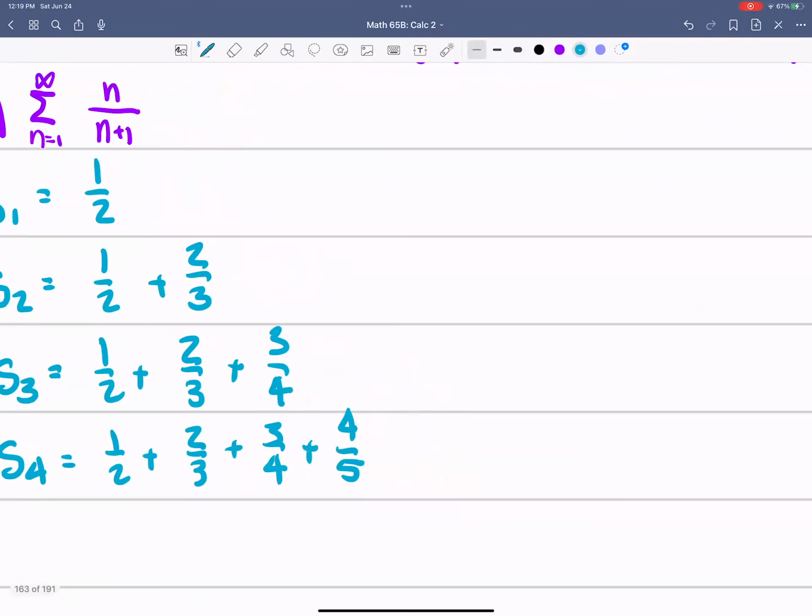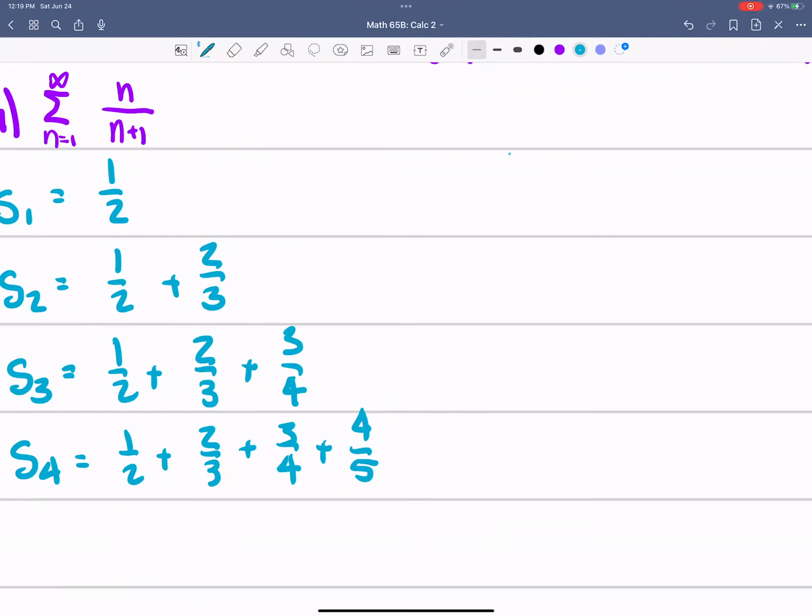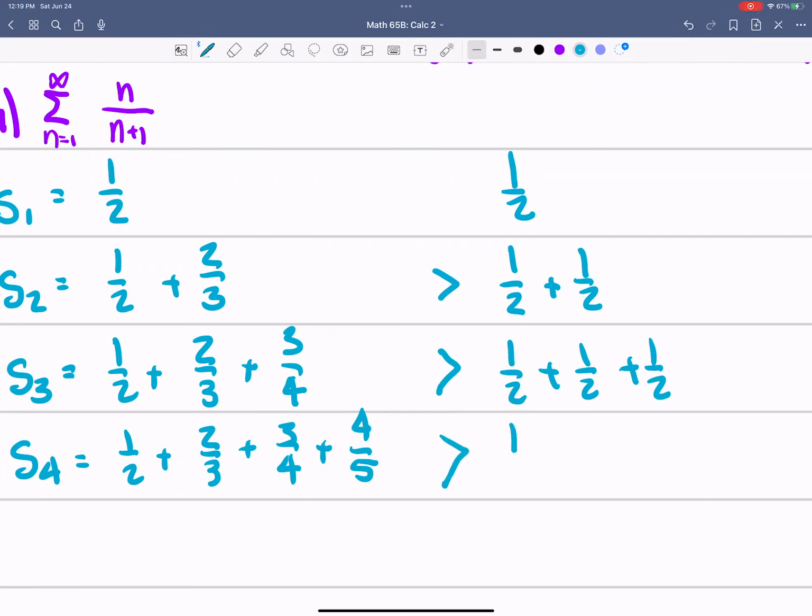For instance, here 1 over 2 is equal to 1 over 2, but this value here is going to be larger than 1 over 2 plus 1 over 2. And same thing here, this value is going to be larger than 1 over 2 plus 1 over 2 plus 1 over 2. Here as well, this time we're looking at 4 copies.